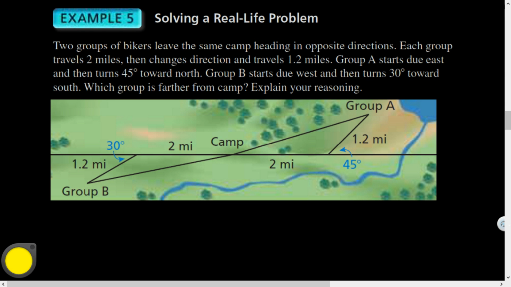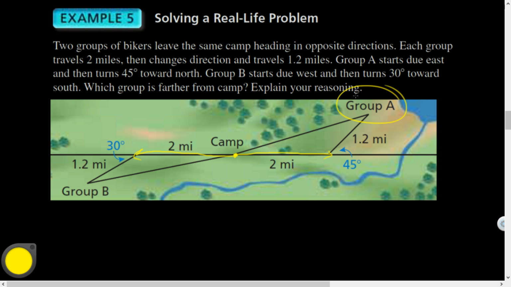Here we go. Example 5, solving a real-life problem. Two groups of bikers leave camp in opposite directions. They travel 2 miles, then change direction and travel 1.2 miles.